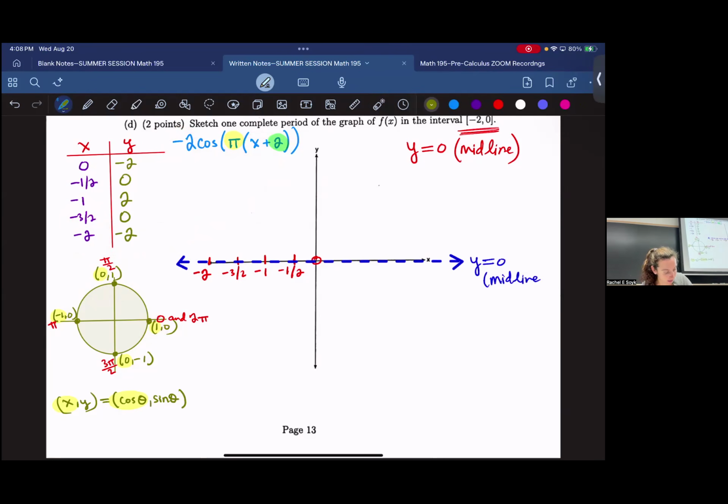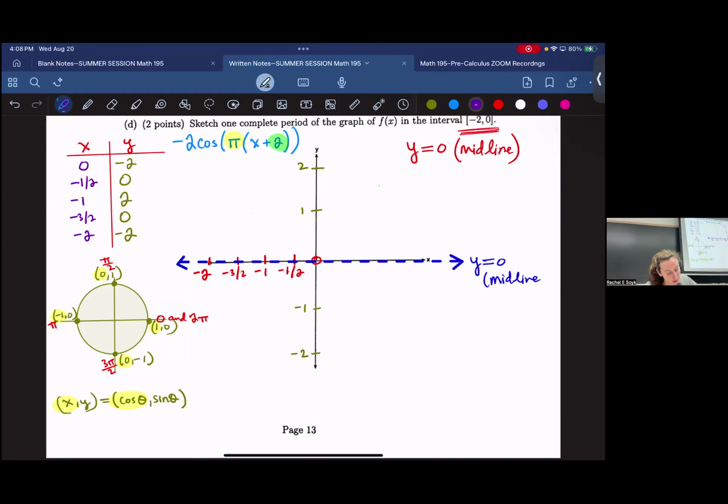So let's plot these now. Along my y-axis, I'm going to now put in the scale of 0, 1, and 2, and -1 and -2. Okay.